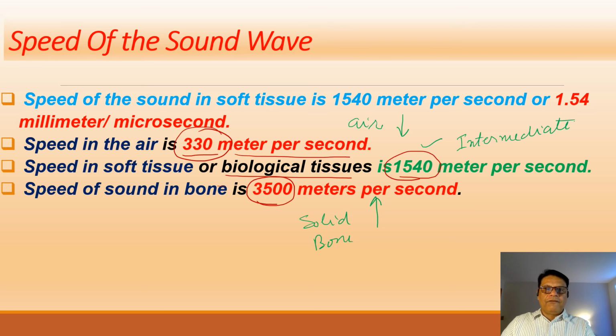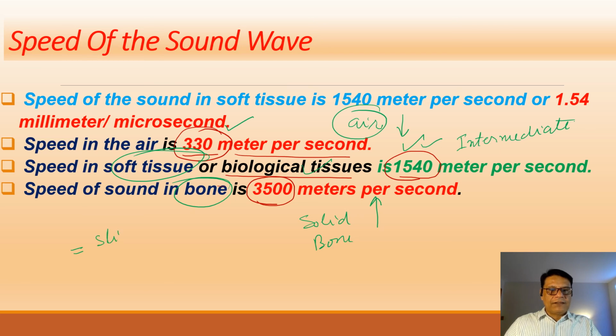Why do we have these three different speeds? Because we have three different media: air, soft tissue, and bone. So how do we define a medium? A medium is characterized by its stiffness and its density.